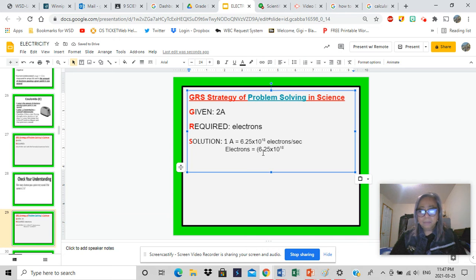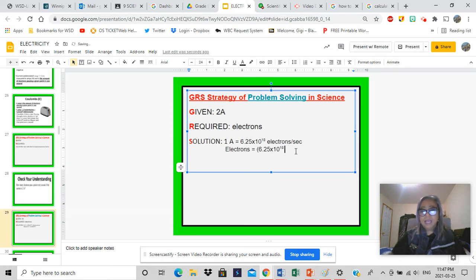And then multiply by 2. And usually we kind of avoid using the letter X to mean multiplication, right?